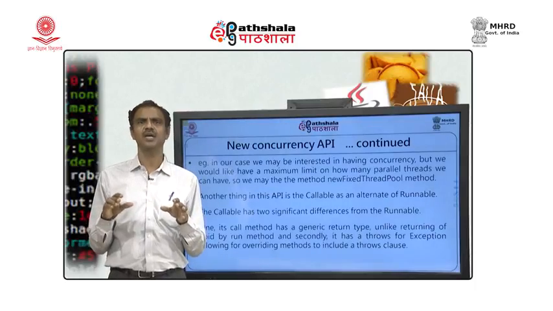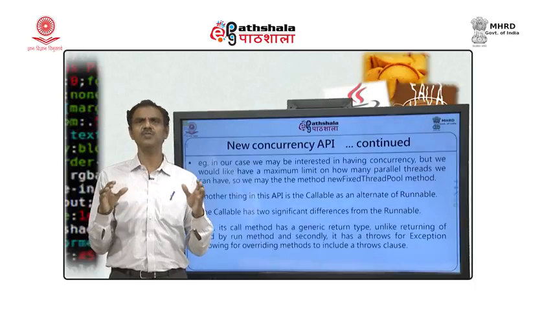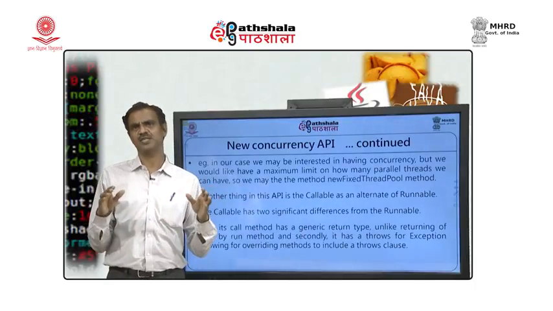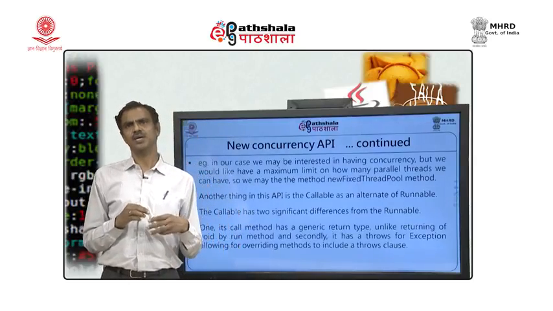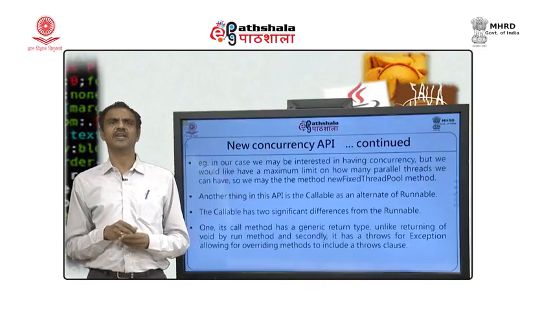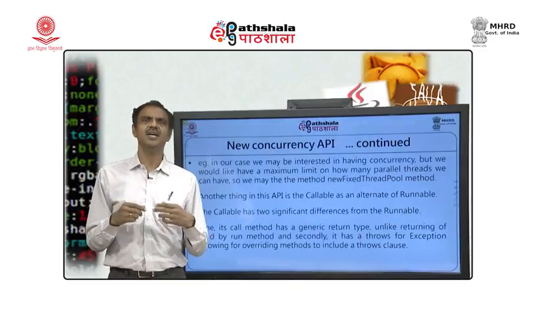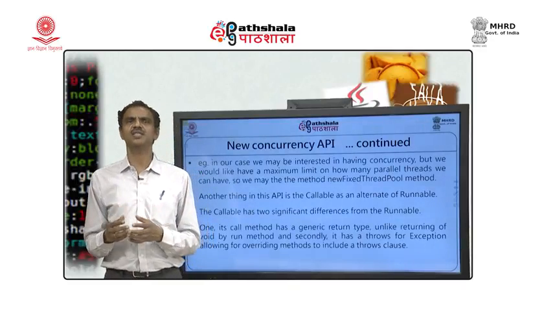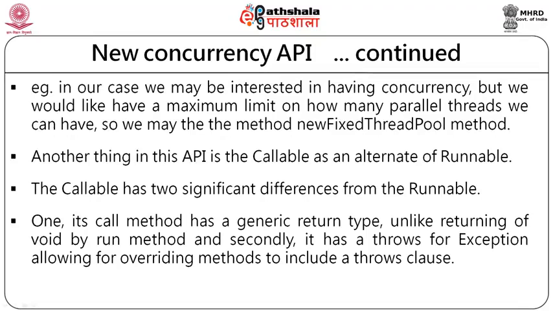For that, we might like to use a fixed number of threads. So, we have a method here called newFixedThreadPool. This can be used for creating an executor service. Similarly, there are many other methods to create different kinds of executor service objects depending on your requirement of concurrency.